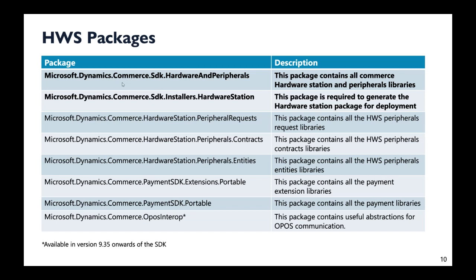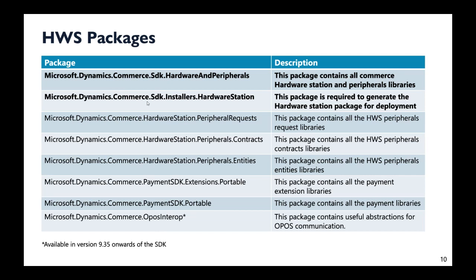The first one is the main package that will be consumed in any hardware station extension project. And this first one, Microsoft.Dynamics.Commerce.SDK.HardwareAndPeripherals, includes all the ones that are not in bold. So it packages all of those into a single package just to simplify dependency management.